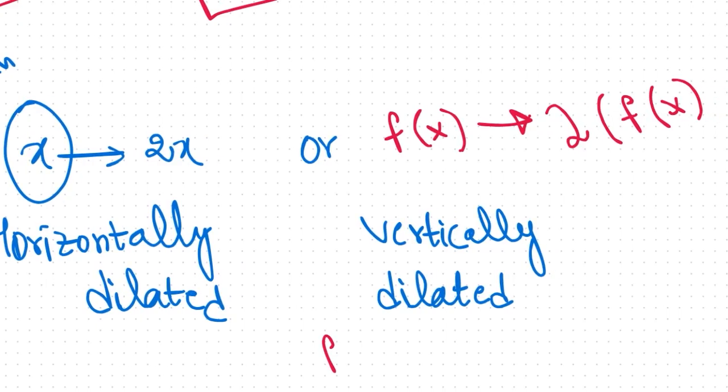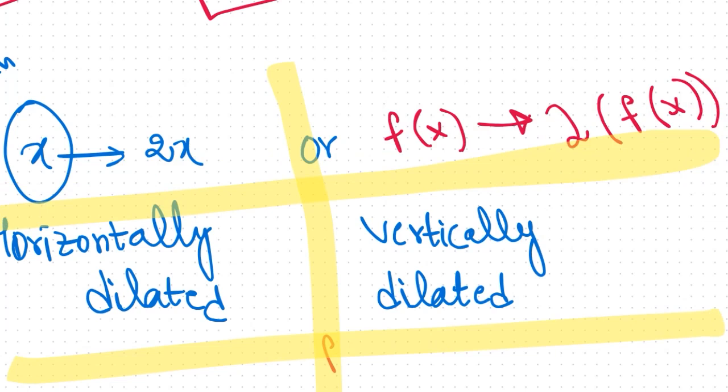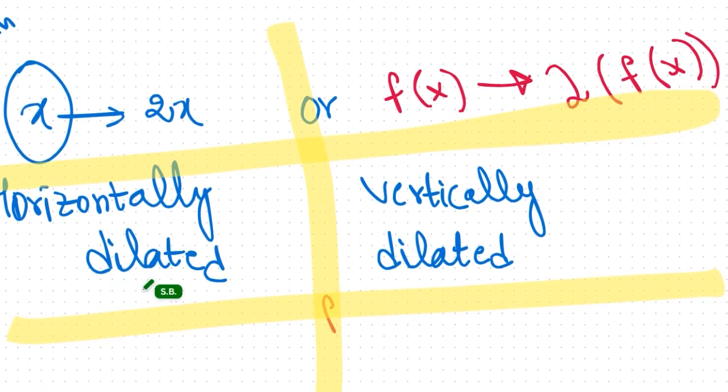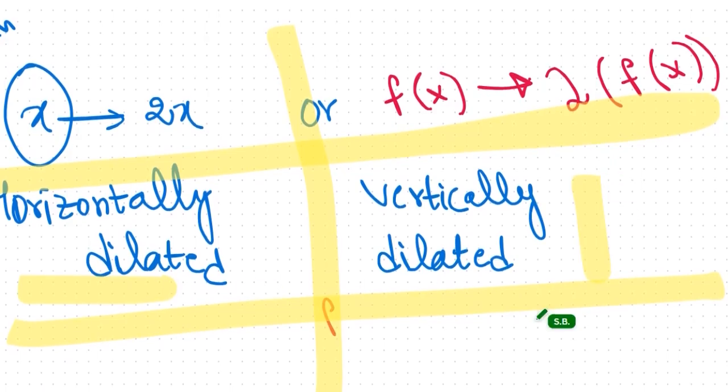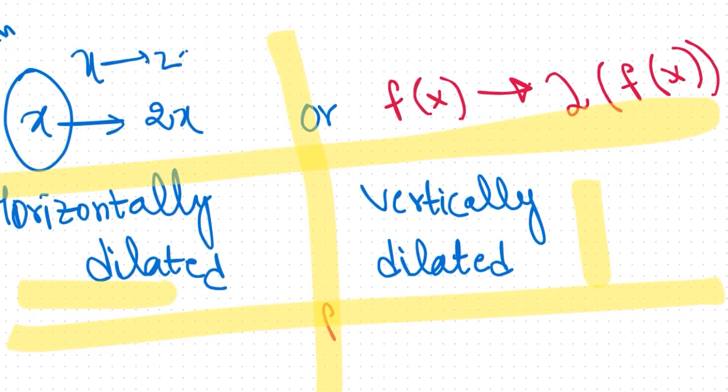Okay. I mean that's pretty much it. So this is the difference between horizontal and vertical dilation. So this is about x changes to 2x. This is about y changes to 2y, like that.